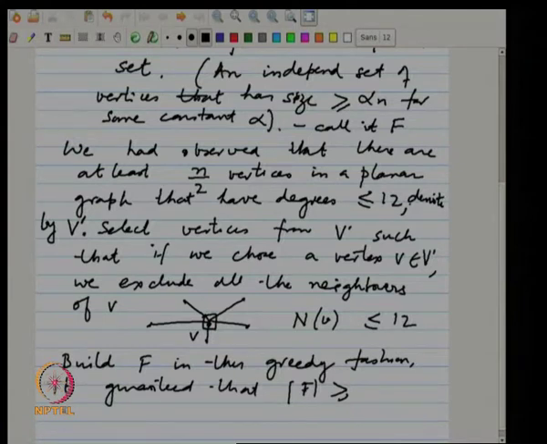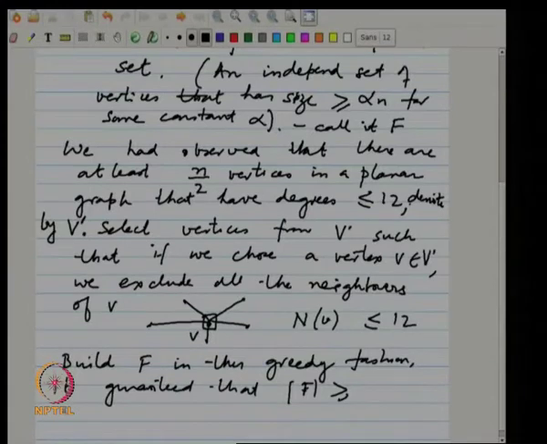If we choose a vertex, we are certainly excluding at most 12 vertices, and we are working on half the number of vertices anyway. So just to be safe, I am saying this is, let us say, n over 25. So alpha is 1 over 25 for sure.